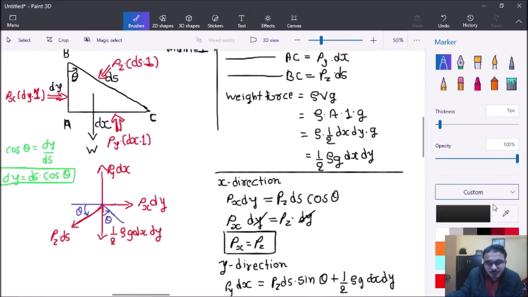So again here if we take sine theta, then it will be equal to dx upon ds. So dx is equal to ds into sine theta.